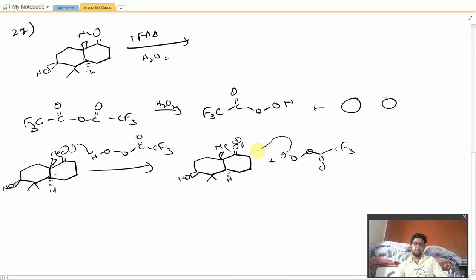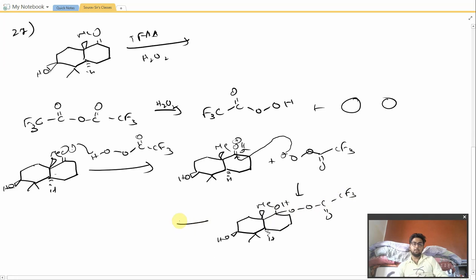Then this minus charge would attack over here, and this bond would open up. The compound that will be formed has OH there, and here O-C(=O)-CF3 would be there.